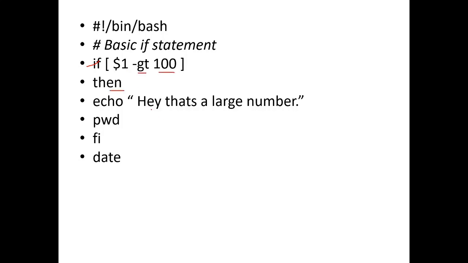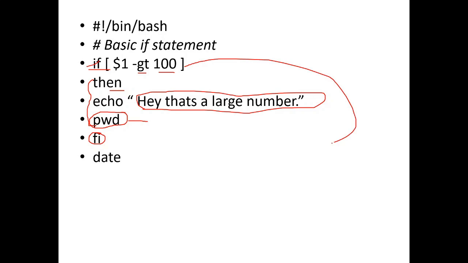If yes, then it is going to print on the screen that it is a large number. Then it is going to display the present working directory, that is, which directory you are currently working in, and then this is the end of the statement. When this condition is true, it is going to execute this part. When the condition is false, it comes directly to the date command and executes the date command.